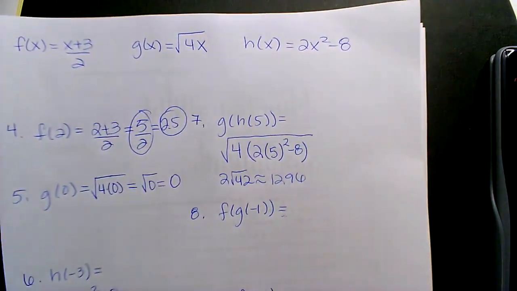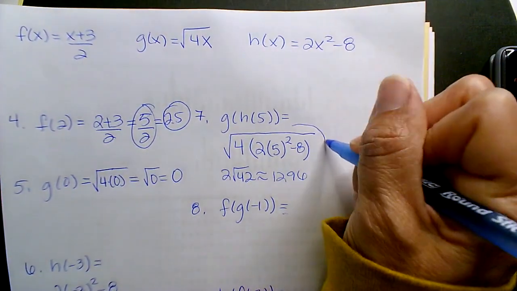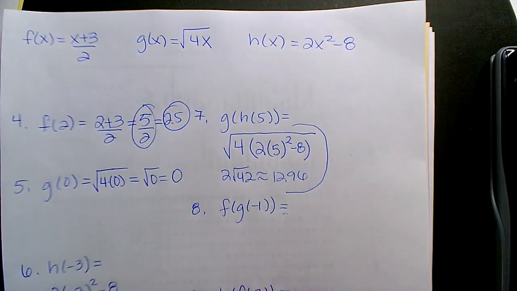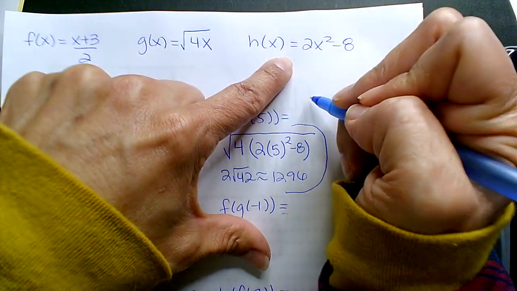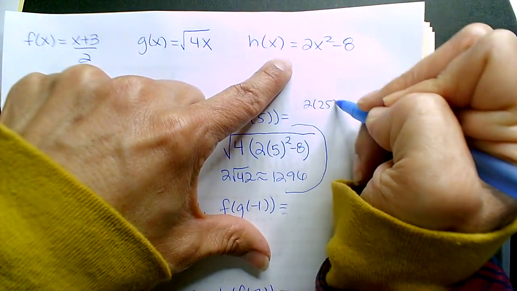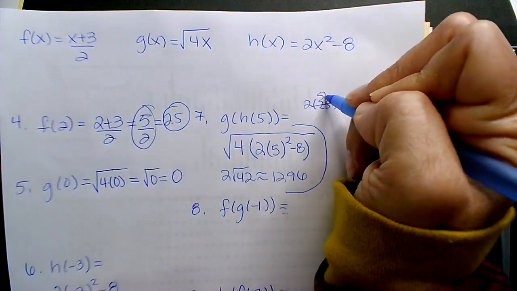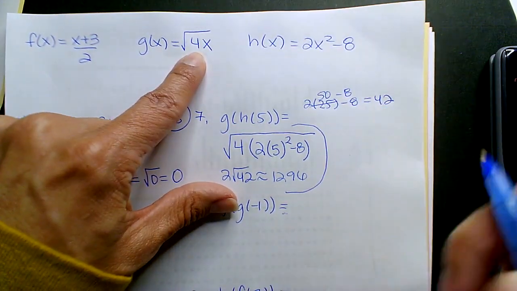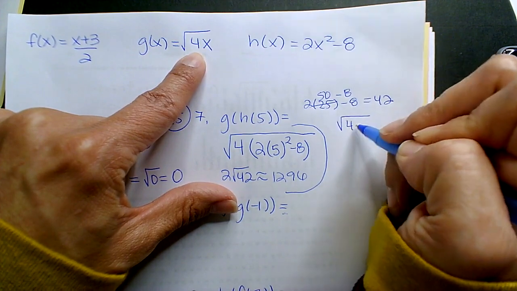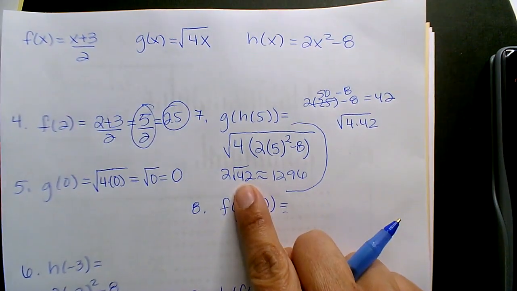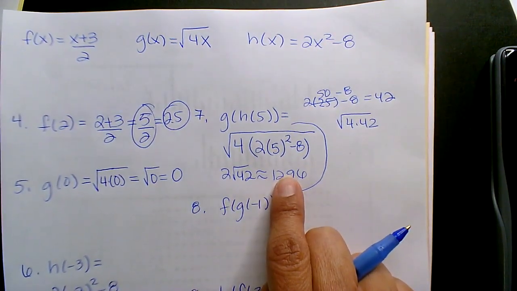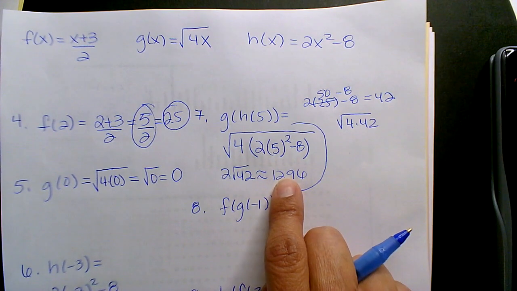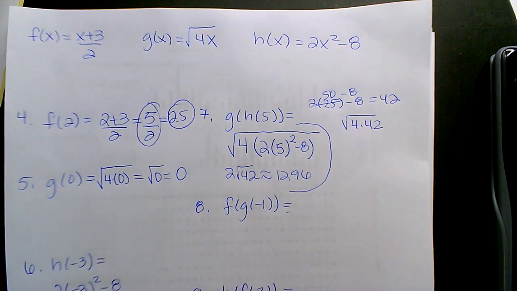If you did not want to do it in one clean calculator shot, h of 5 is 2 times 5 squared, which is 25, so 50 minus 8 is 42, and then you would have taken the 42. What is 4 times 42? And then you would have gotten that, and then that. So you would have still gotten back to it. You can do it in one shot, you can do it in 2, it's up to you.